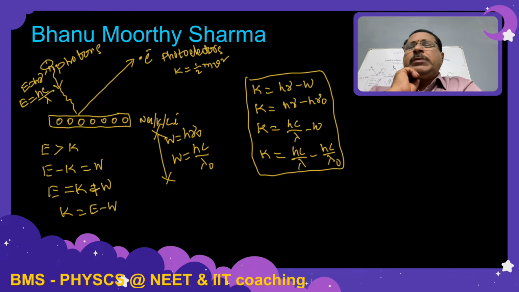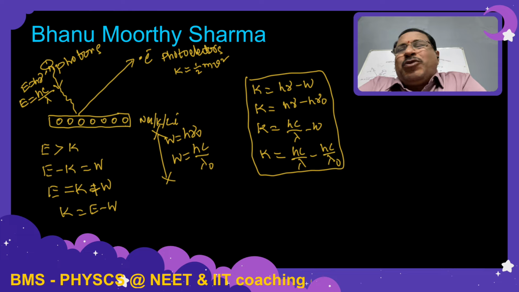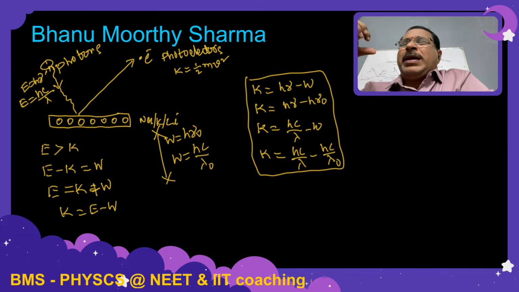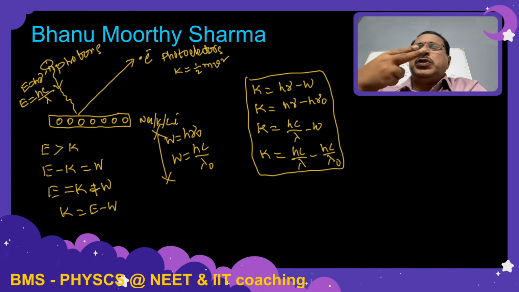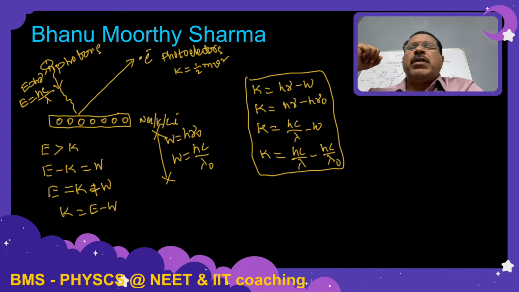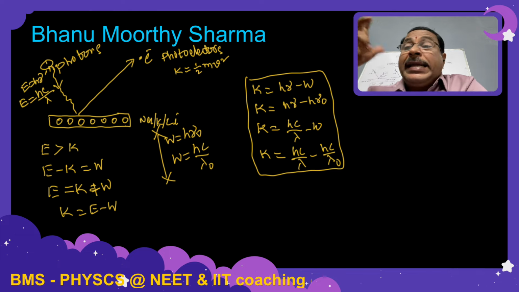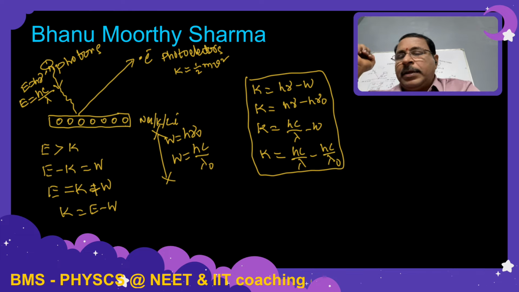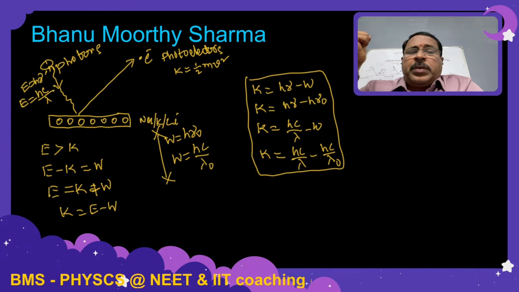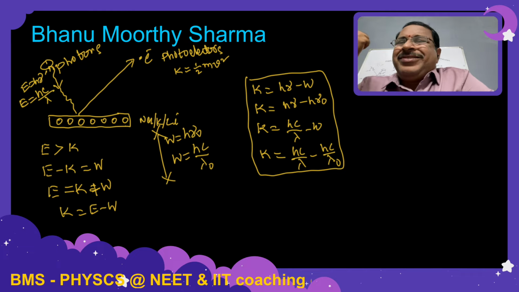Now, a very beautiful concept in this chapter is the application of the law of conservation of energy. Total energy can neither be created nor destroyed. So the total energy of monochromatic light is divided into two parts: one in the form of work function, another in the form of kinetic energy of the emitted electron. Here the kinetic energy is half mv square, due to collisions between valence electrons and photons.